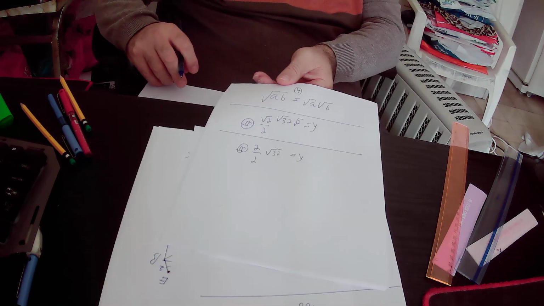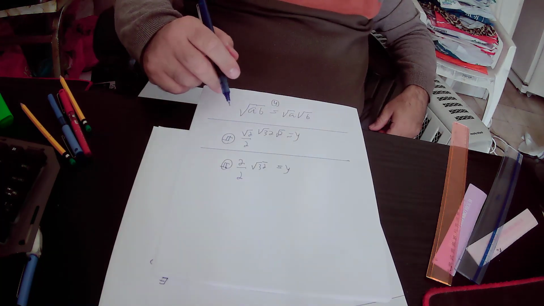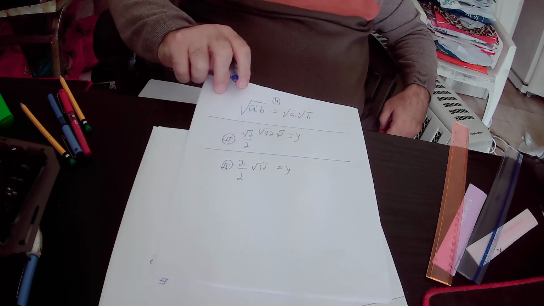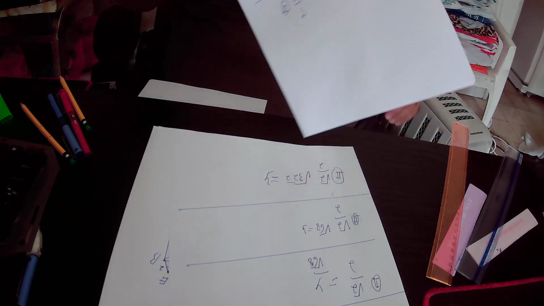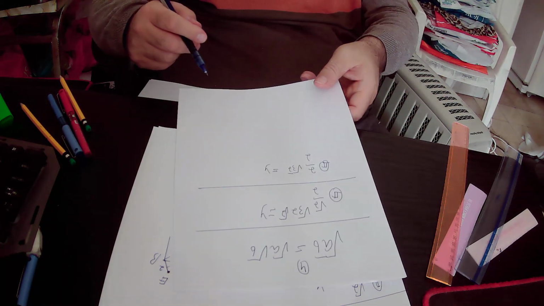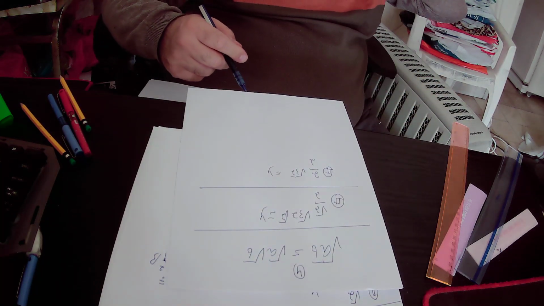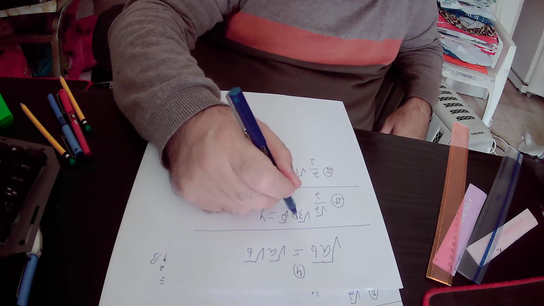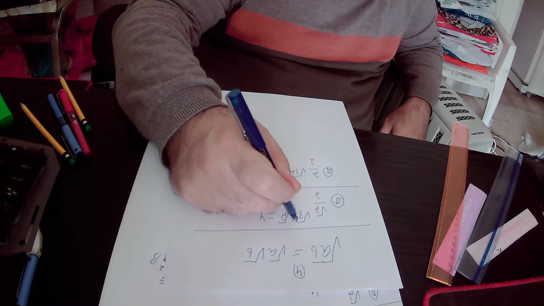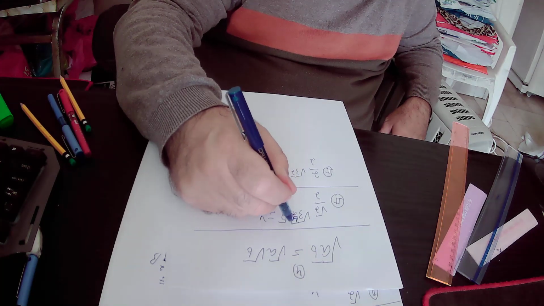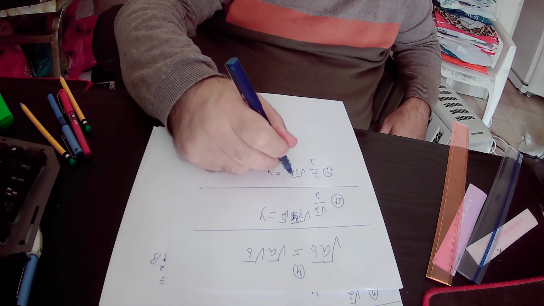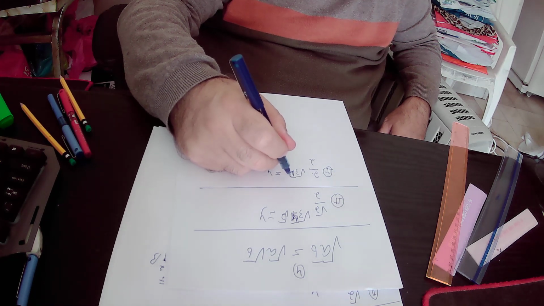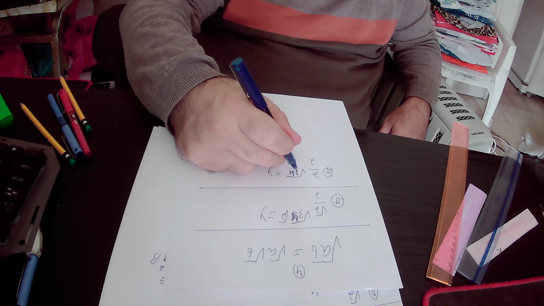So we found out that 2 over 2 times square root of 32, actually, I made a mistake, because 68 equals 34 times 2. So here we have 34. It is not 32 but 34, because 34 times 2 is 68.